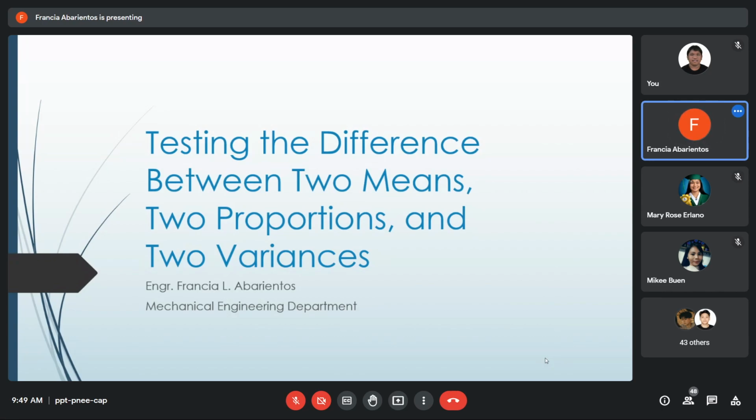Two means, two proportions: identify first if it falls under independent or dependent samples. After that, we can now state the hypothesis and identify the claim.